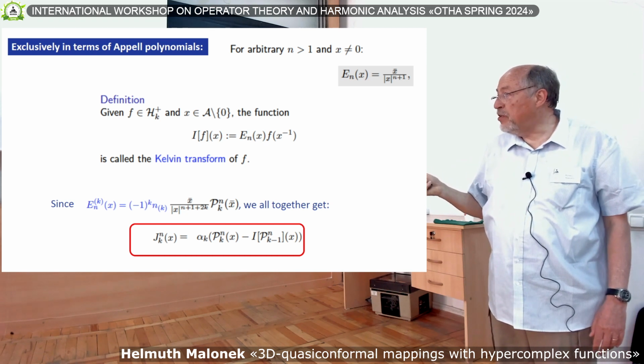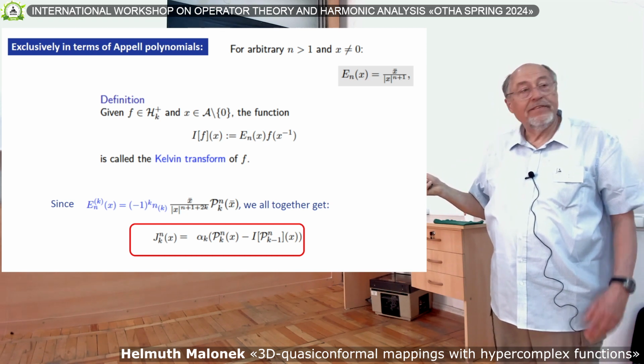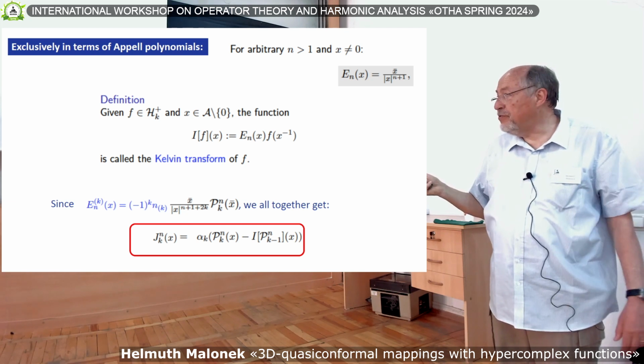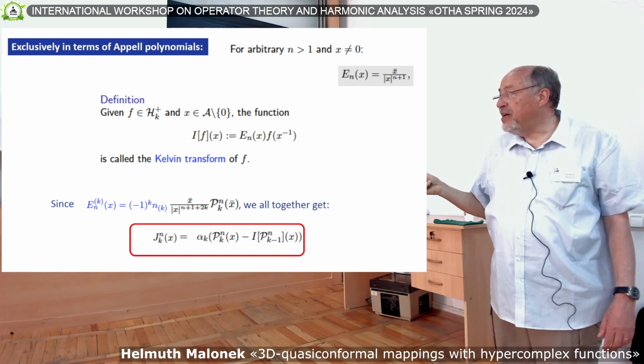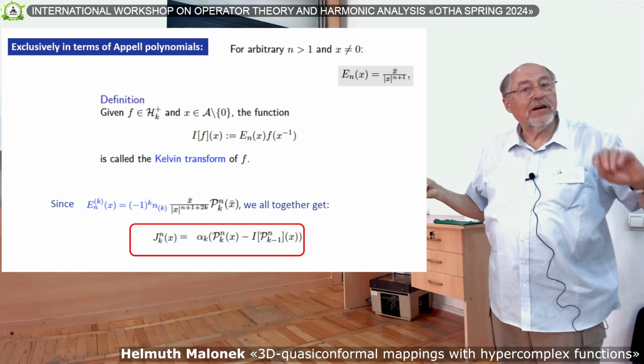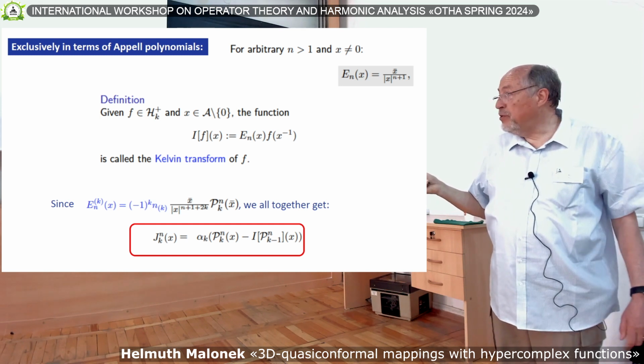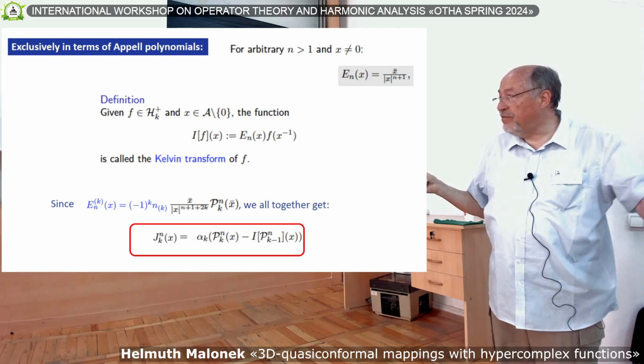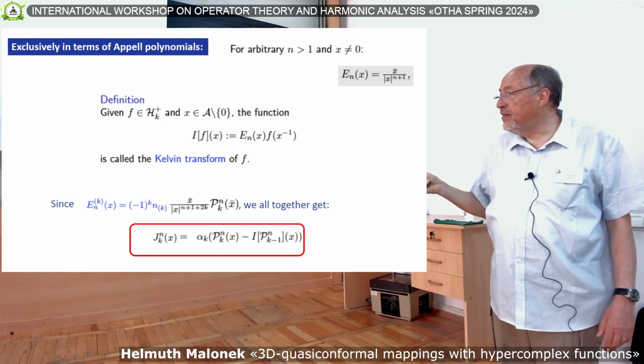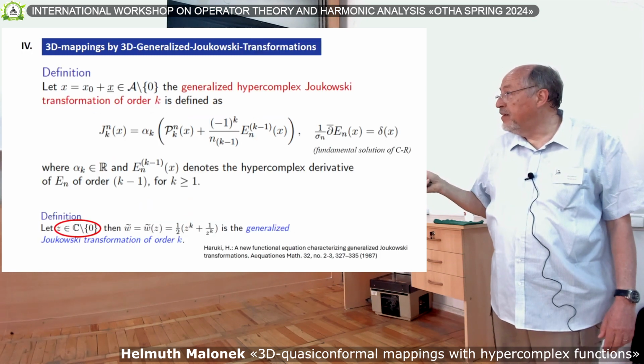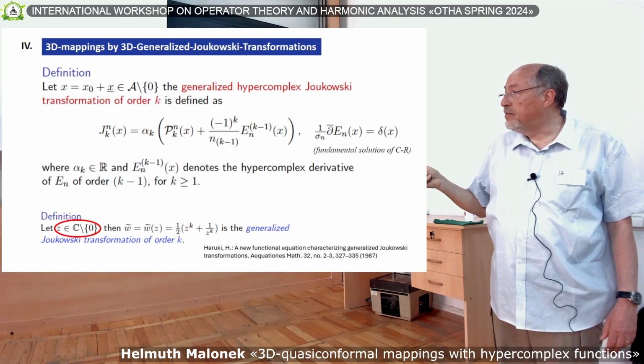And then it's possible to understand that this generalized Joukowsky transformation can be expressed nicely by these Appell polynomials. Here you have the positive power part, and here the negative through the Kelvin transformation. And you can see the general writing is here.